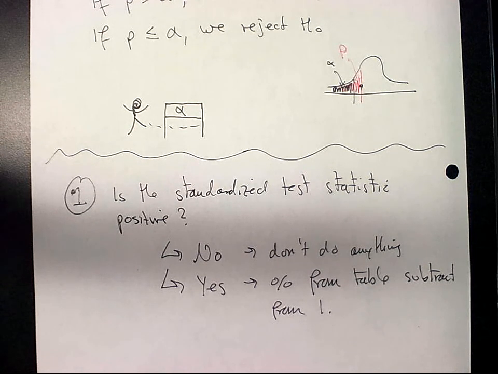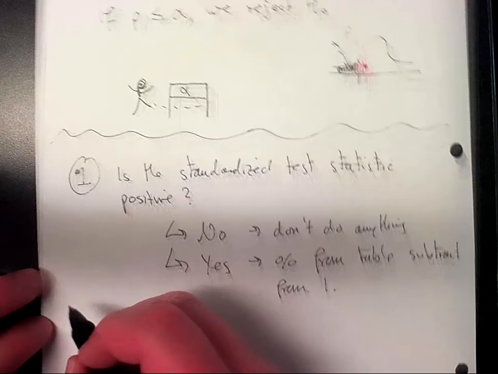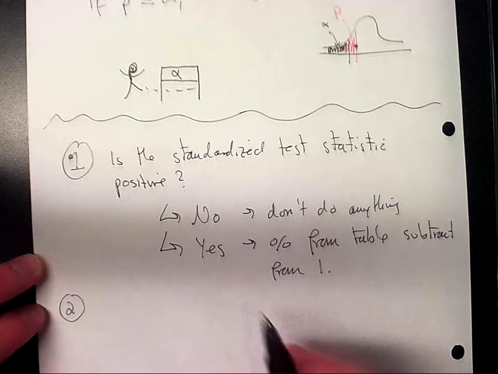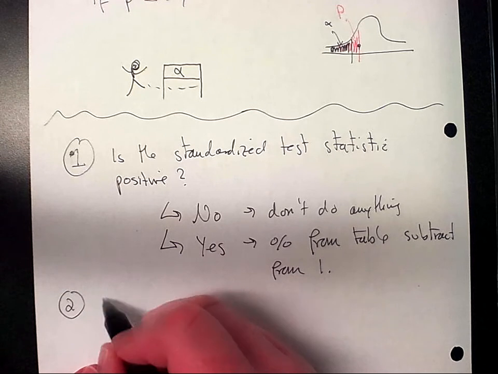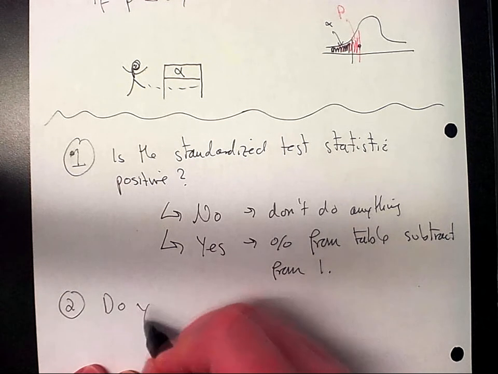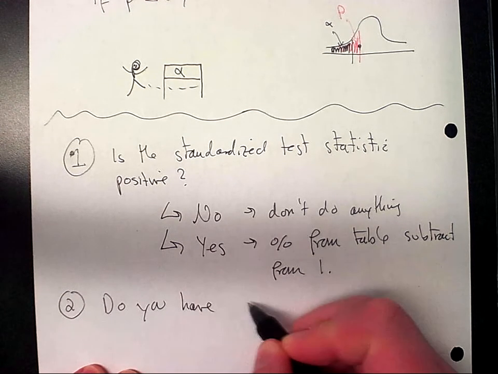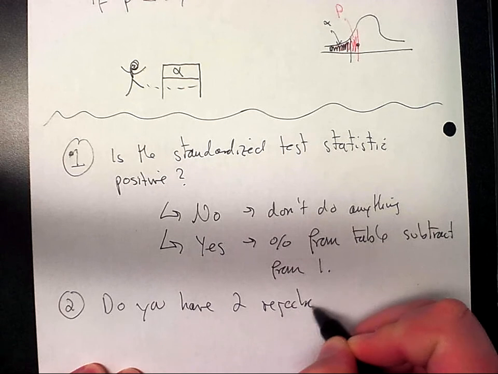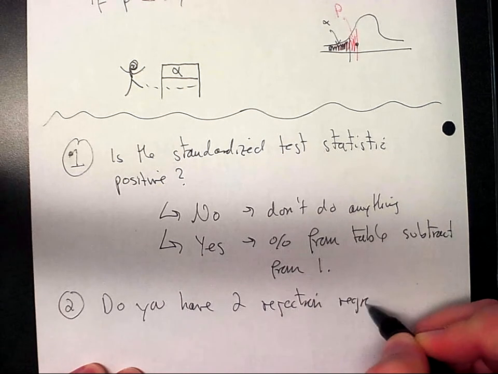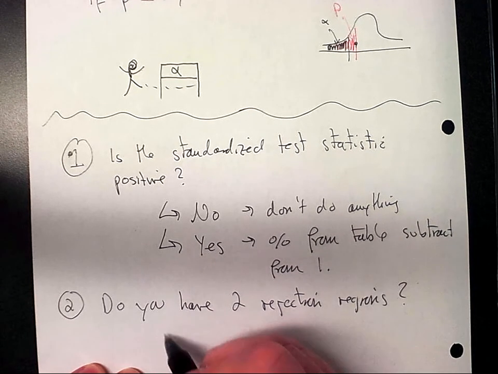Everybody good with this so far? So in the example that we just got done doing, do you have to subtract that percentage from 1? No. So that's step number 1. Step number 2 then is, do you have 2 rejection regions?